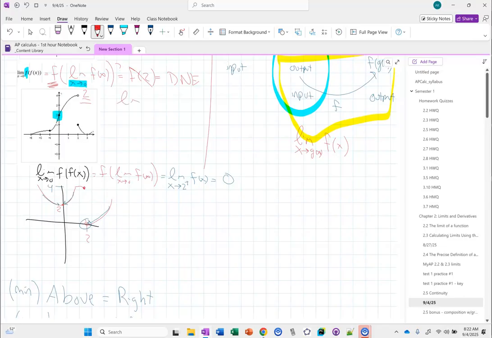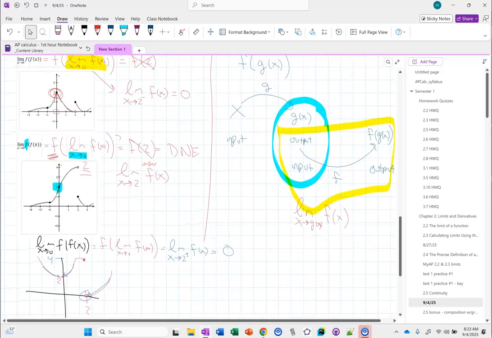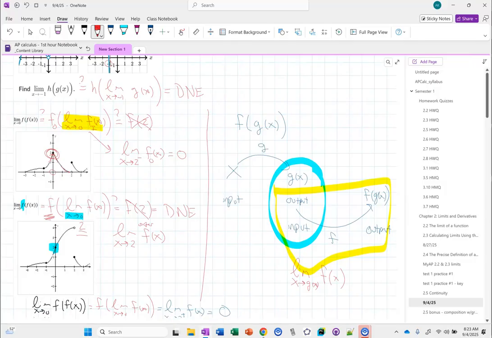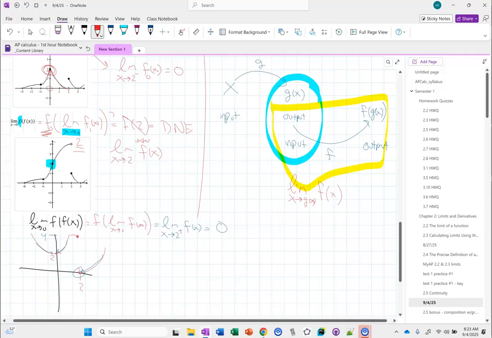So this is like the limit as x goes to 2 of the outer. Do they get it? Okay. Maybe this was a bad example to use f onto itself, because normally we have f and g, and then it's a little clearer which one is the inner and the outer. So this is outer, inner, and this is then outer.